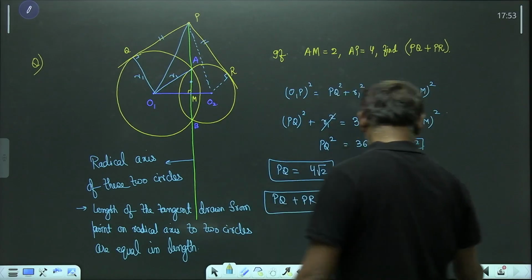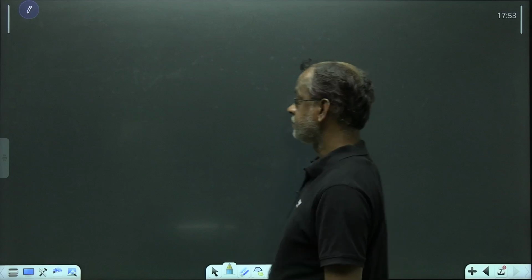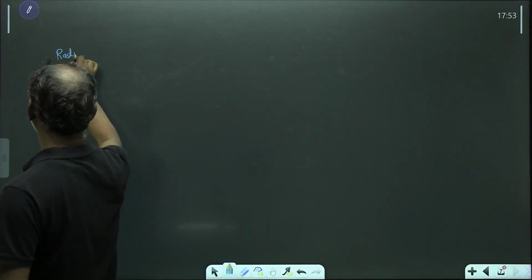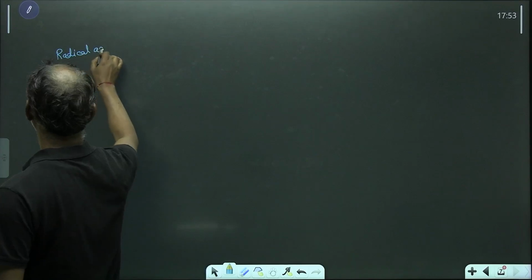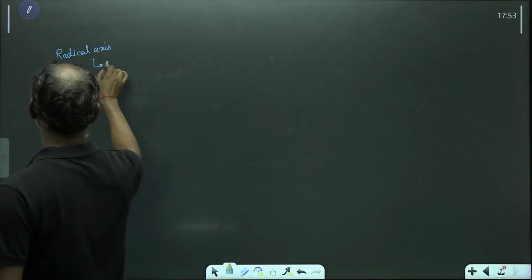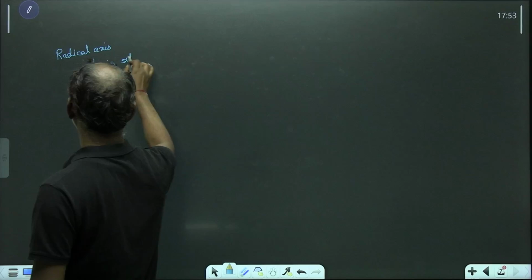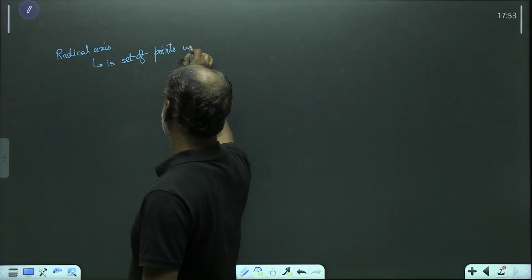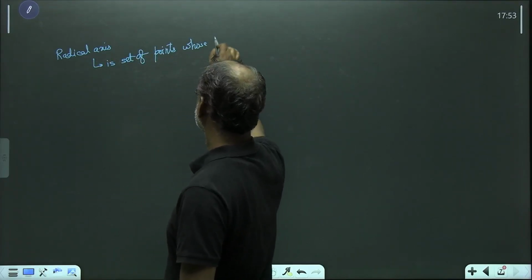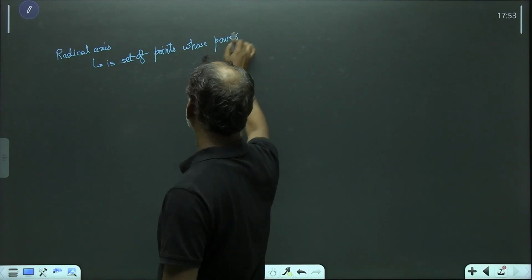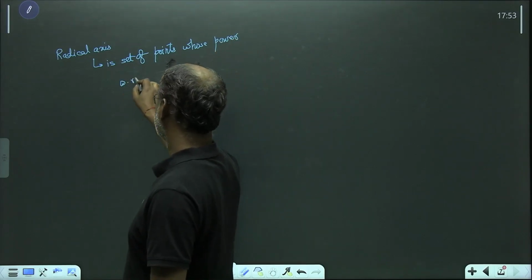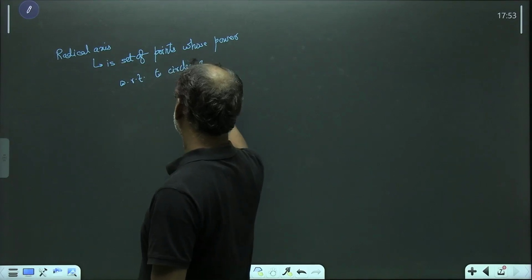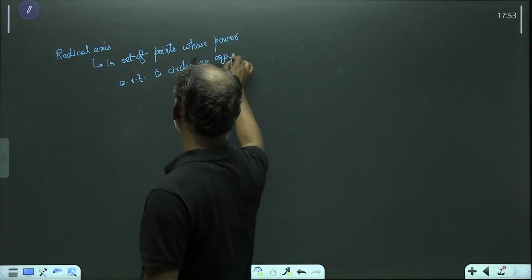So, to generalize it, what we say is that the radical axis is the set of points whose power with respect to two circles are equal.